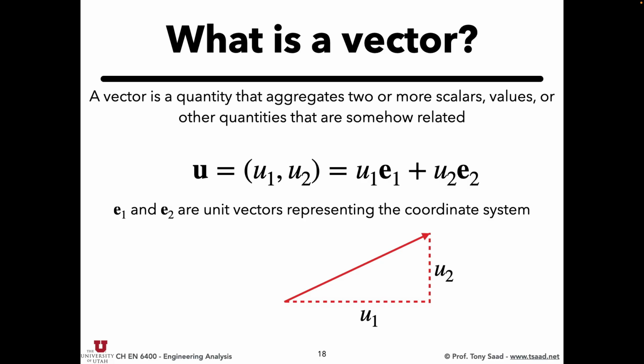So if E1 is the unit vector on this wall, which essentially is just something pointing in this direction that has unit length, and E2 is the unit vector on that wall, that tells me I'm going U1 in this direction, U2 in that direction. That will be my resultant vector. This is classic vector stuff, right?